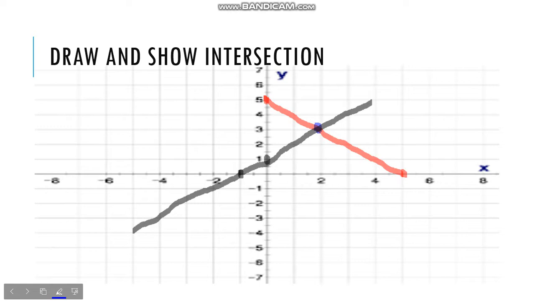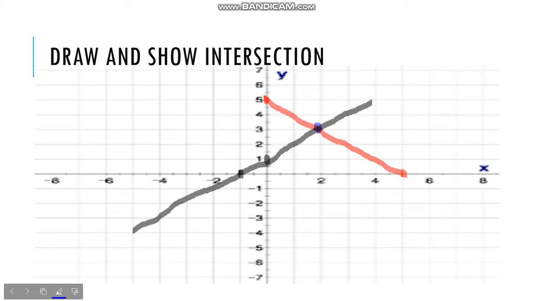Having those two graphs intersect means that you have a solution, because if these graphs don't intersect, like let's say the graphs are somewhat parallel to each other, if two lines are parallel, they cannot ever intersect, and it means there's no solution.